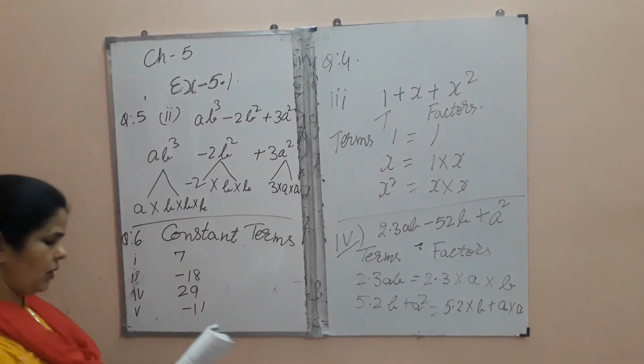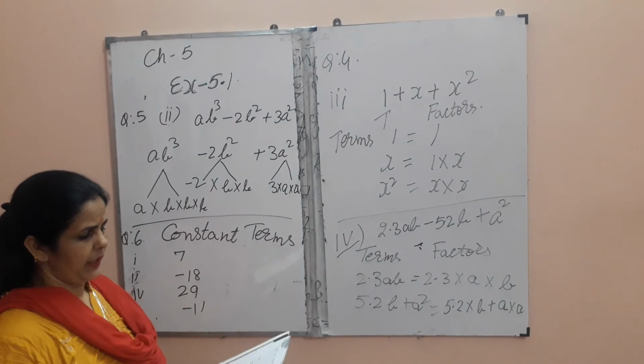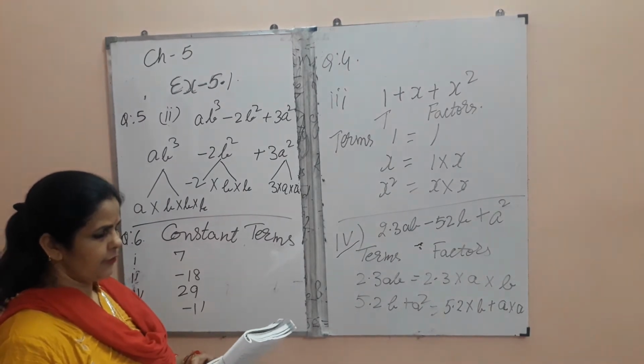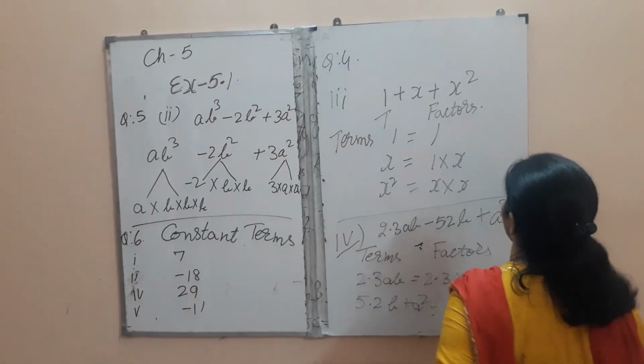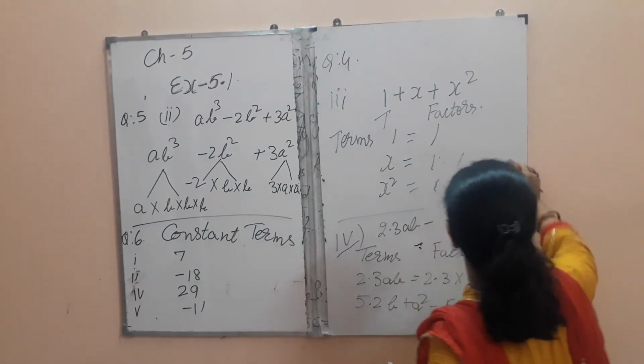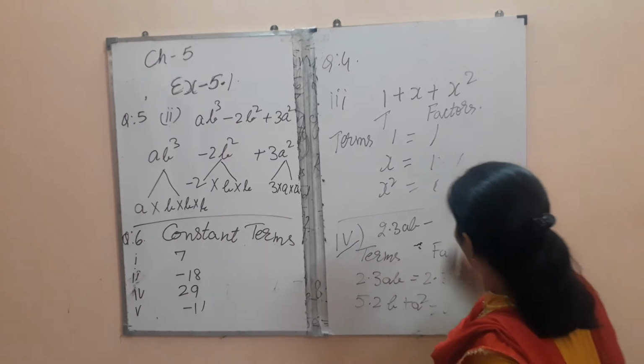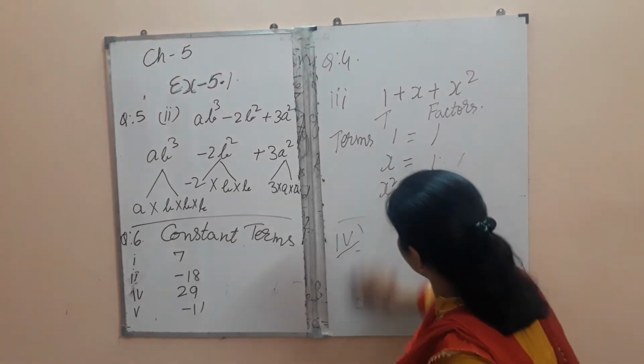Understood? Now question number 7, write all the numerical coefficients of the terms. So in this, numerical coefficient means the coefficient which are numbers, not the variables. Those you will write.